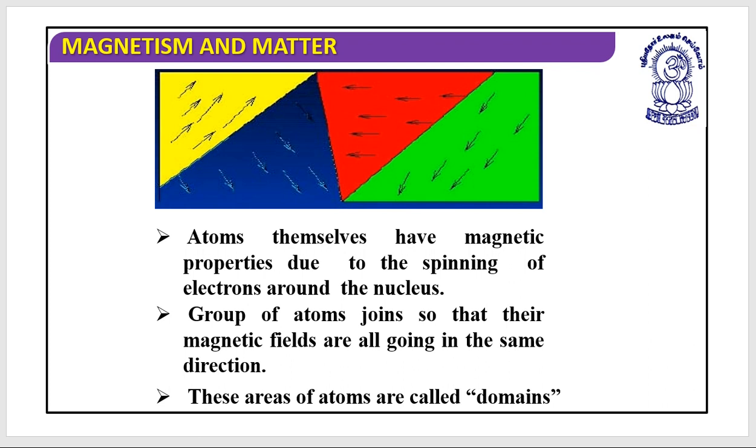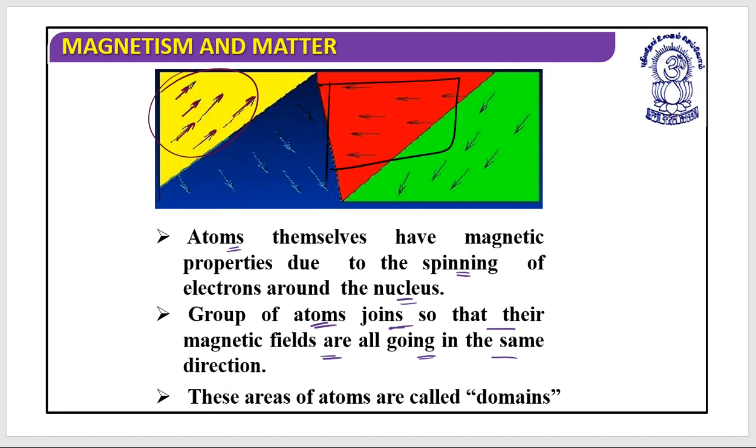Now these are atoms that themselves have magnetic properties due to the spinning of the electrons around the nucleus, and this group of atoms joins so that their magnetic fields are all going in the same direction. Look at this. If you observe this carefully, all these electrons are moving in this direction. So the magnetic dipole moment of all these electrons is going to be added up.